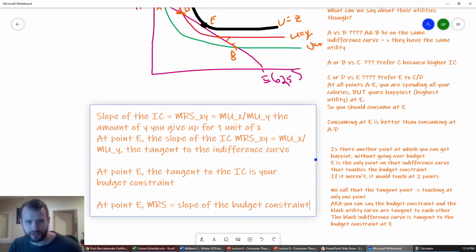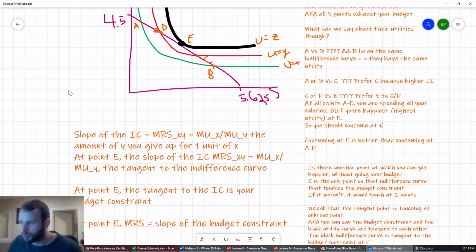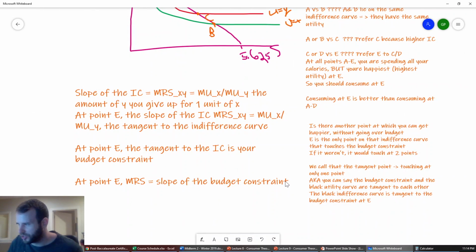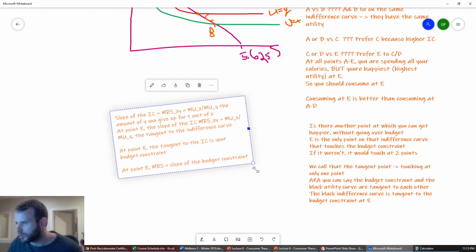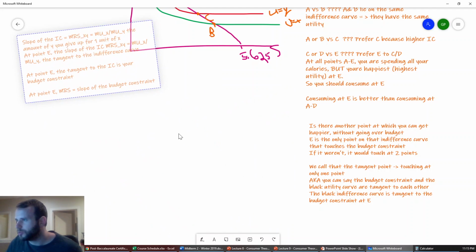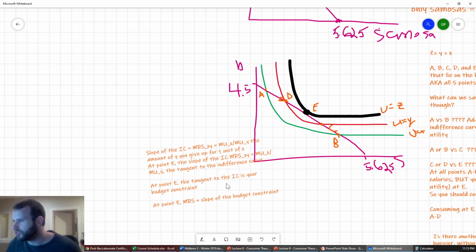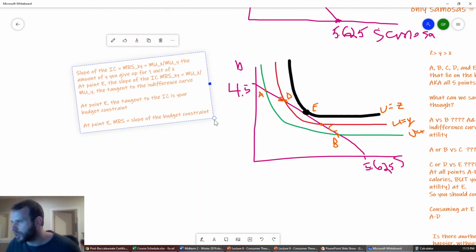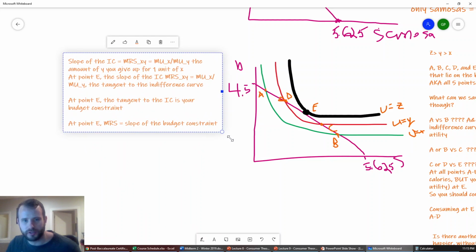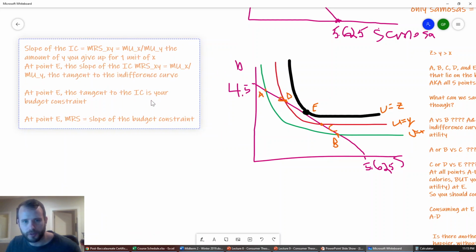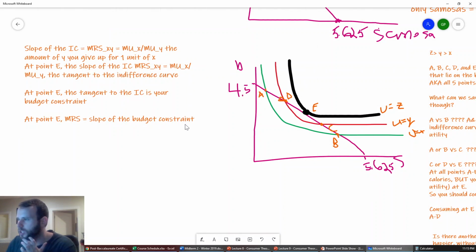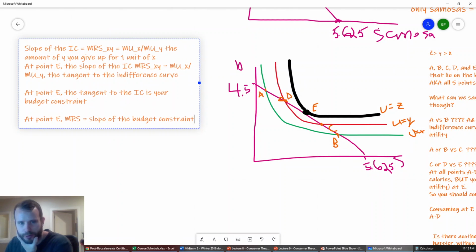If we're thinking about the slope of the budget constraint, we're thinking about the price of each good in this case in terms of calories. For the sake of explanation, since I'm still on this graph, let me bring this over here. I'll bring it back down when I'm compiling the notes for your reference.